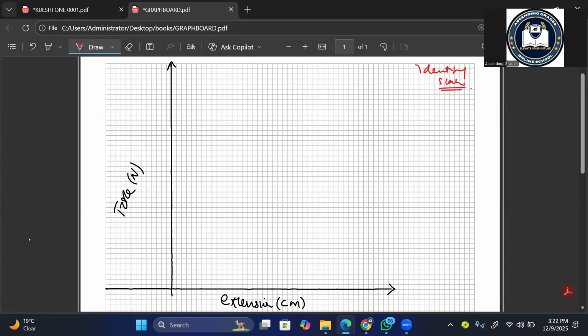So on the y-axis, I can just count 5 boxes: 1, 2, 3, 4, 5, 6, 7, 8, 9, 10. So I can say that is now my 10.